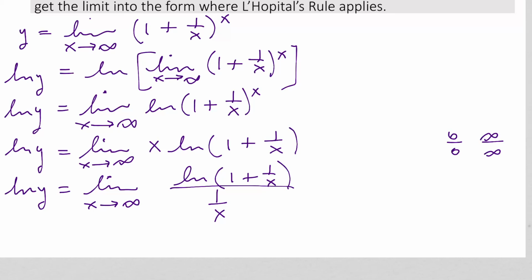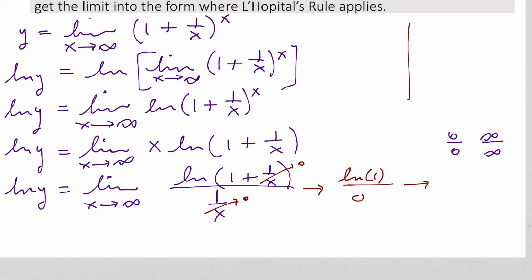Right, now let's check and see if we have one of the indeterminate forms now. So as x approaches infinity, I'm approaching 0 right here, and I'm approaching 0 right here. So I've got the ln of 1 in the numerator and 0 in the denominator.